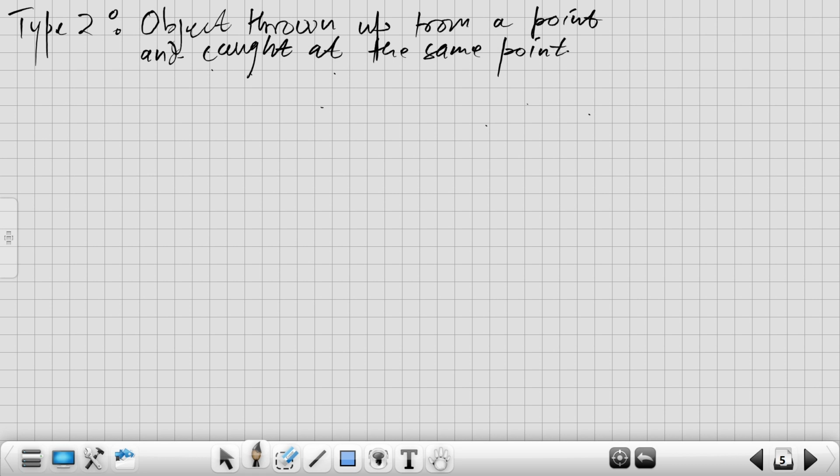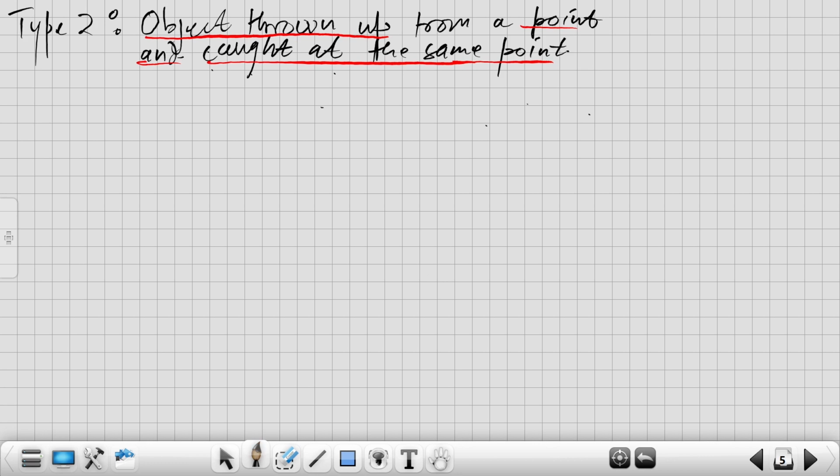So we have this object that was thrown vertically up from a certain point, and then it was caught at the same point. So basically what happened is it went up and then it returned now to the starting position.